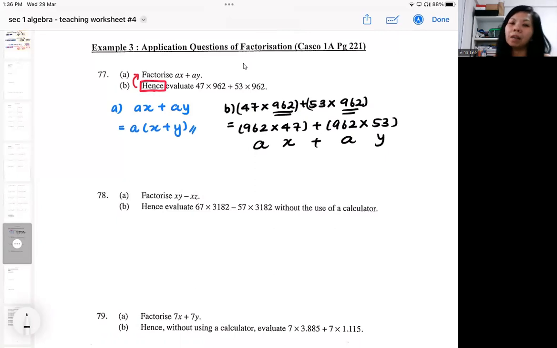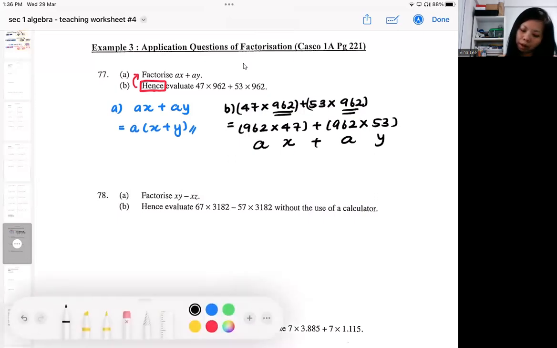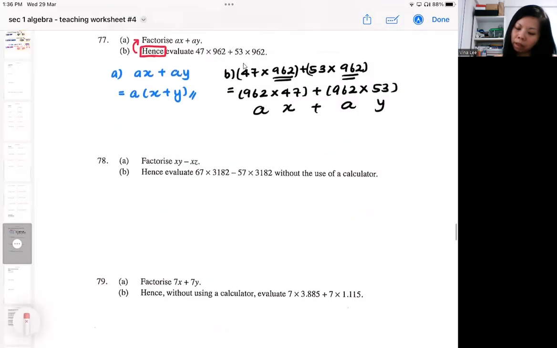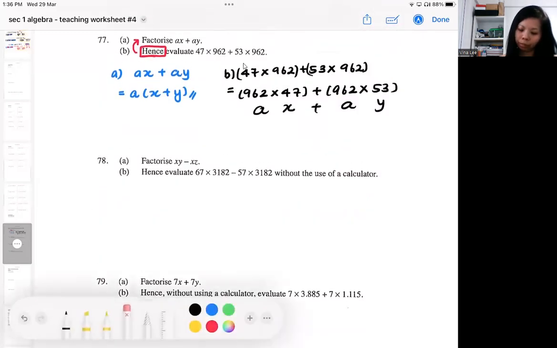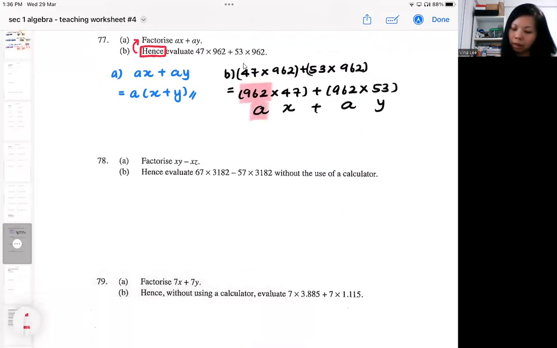When we say this is a hence, that means there must be a relationship. So in the equivalence, what is the A? If you observe carefully, A is the 962, because that is like the A that has been taken out.